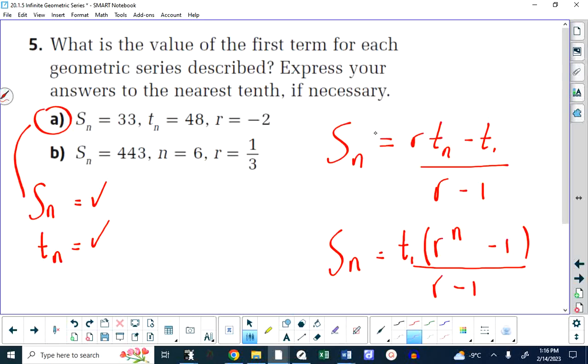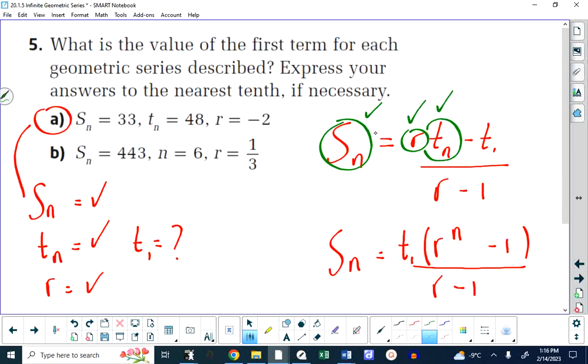And you know the common ratio, and you're asked to find, what are we asked to find? T1. So the question is, if we use this first formula, do we know enough to find T1? Well, you know this. You know that. You know that. And you know that. You know everything in that formula except for T1.